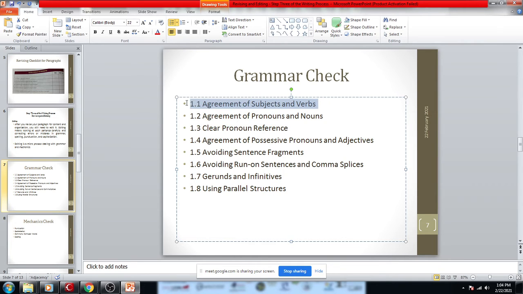So study these topics, make sure that each sentence's subject and verb agree, that there's also agreement of your nouns and pronouns, that in terms of clarity, one of the elements of good writing, each pronoun refers clearly to a noun, otherwise replace the pronoun with a noun. Agreement of possessive pronouns and adjectives. So these issues we have talked about.